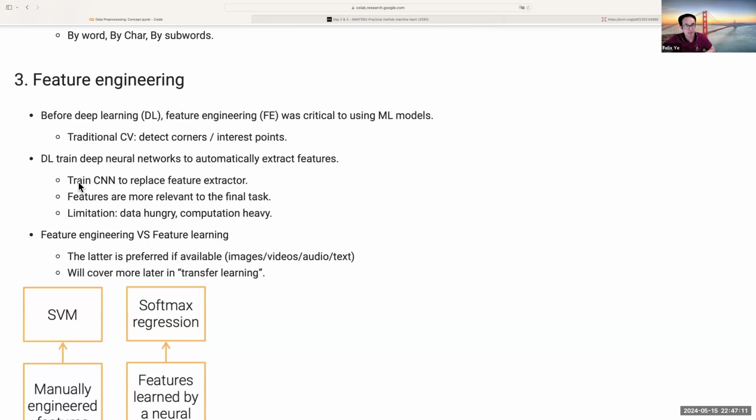However, nowadays deep neural networks can automatically extract features, for example using a convolutional neural network. The local information about these images, you don't need to create artificially. The convolutional neural network can create these features for you.